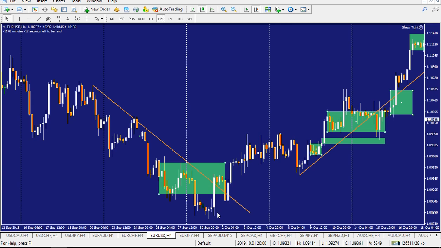Okay, a move initiated from this area, came back to test it. Okay, now we have more information. There is a very calculated move going on, but we are not 100% sure, because for us to consider it 100%, we need to make sure that there is a territory of the sellers being taken out by the buyers.